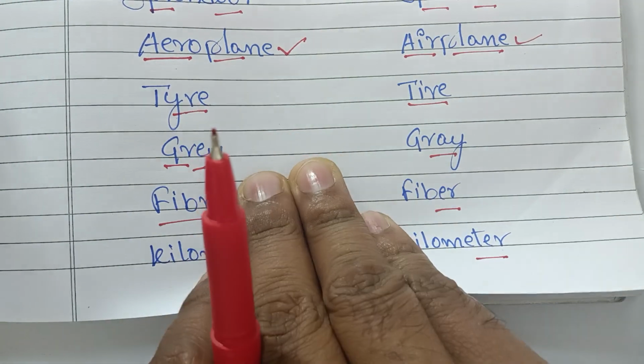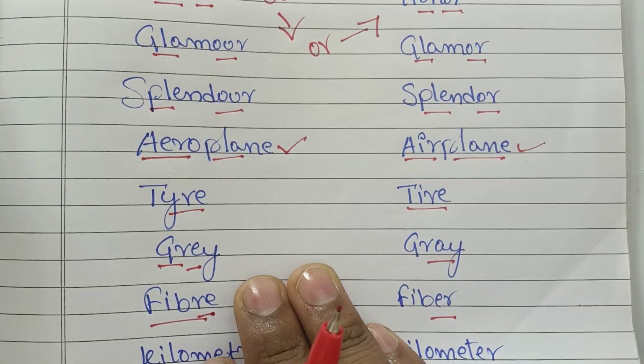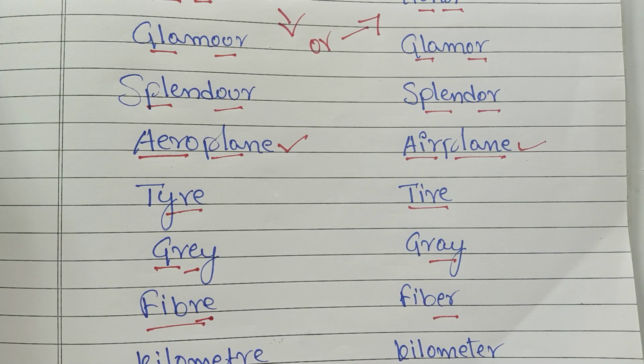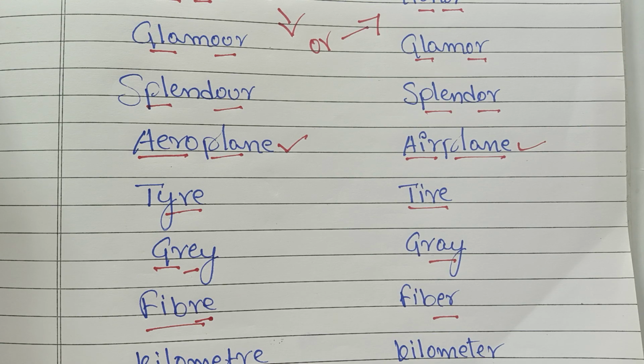So dear students, all these are just the basics. One of the students requested me to provide clarity regarding the selection of words, the difference between British and American spellings, and that has been the major purpose.